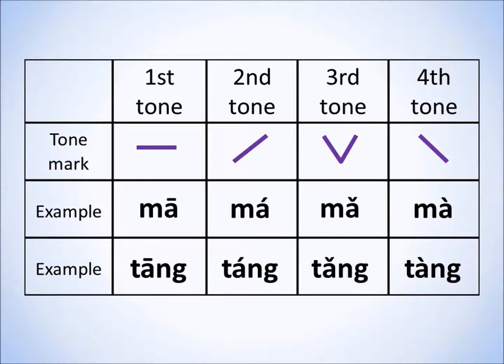Now that we know how to pronounce words in four tones, let's move to the writing system of sounds, which is pinyin. Each tone mark in the pinyin system resembles the change of the pitch in a tone. So you see the flat mark for the first tone, the rising one for the second tone, the falling and rising one for the third tone, and the falling one for the fourth tone.